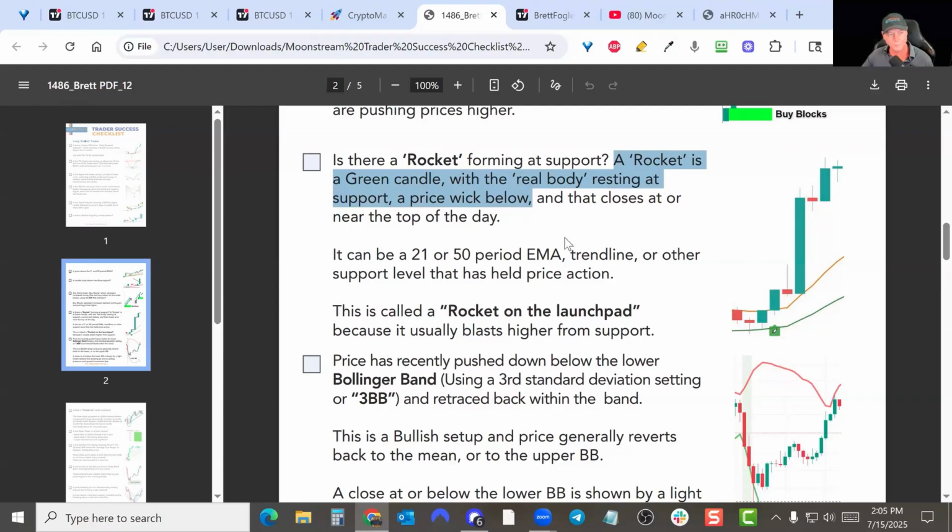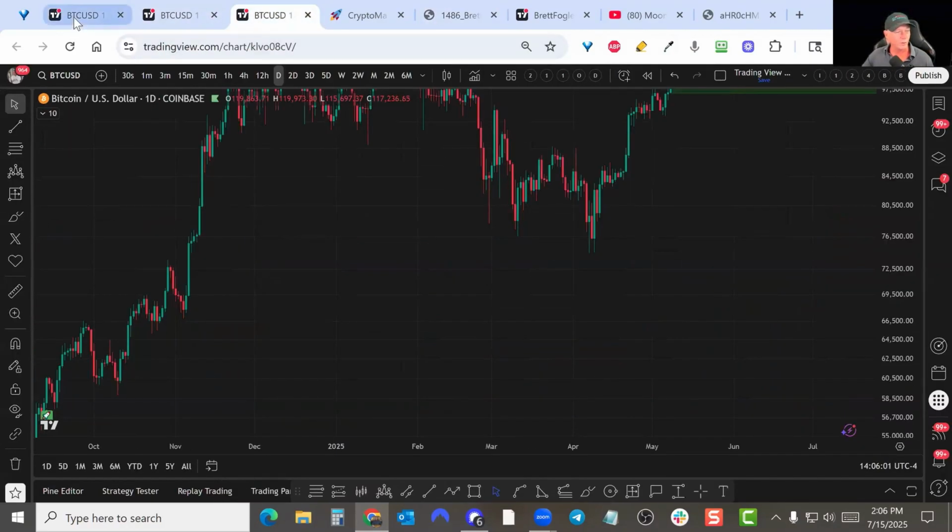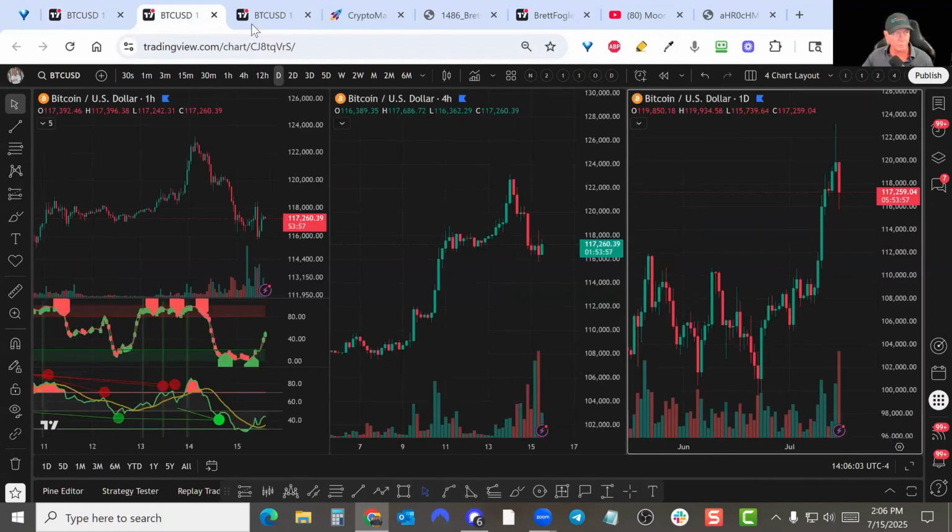And I'll explain the psychology of that in a minute, in case this is all sounding like Hebrew or Chinese or something. I speak neither. So it can be a 21 or 50 EMA trend line or other support. We call it rocket on the launch pad because it usually blasts higher from support. Very important. Okay. Hopefully you guys aren't yawning by now, but this stuff can make you real money.